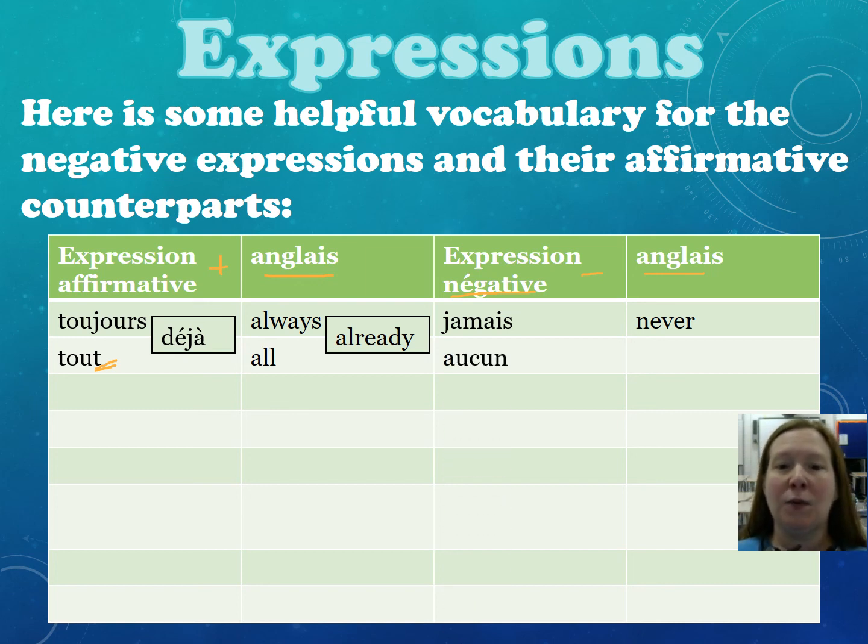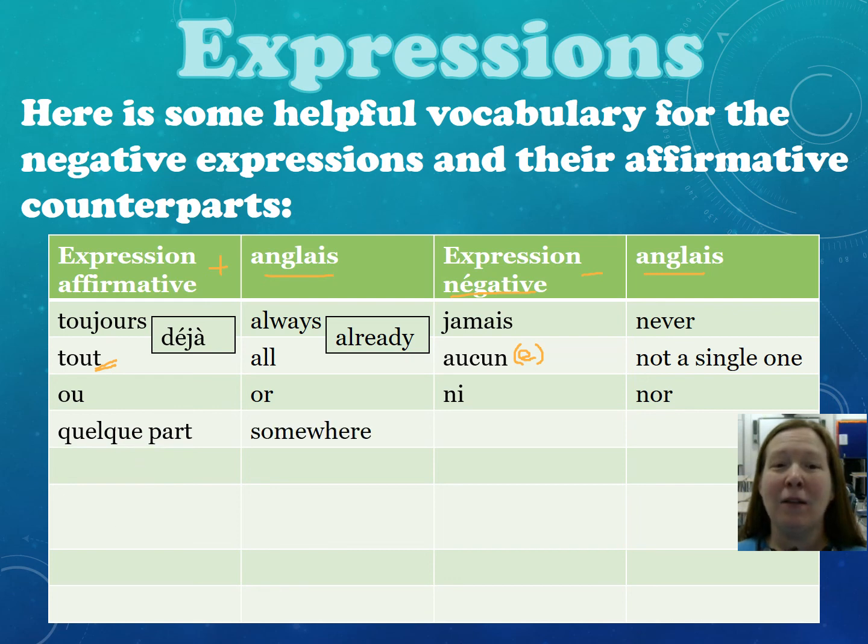The negative expression is aucun, or again, it's an adjective, so you could make this aucune, meaning not a single one. Ou means or. The negative is ni, meaning nor.